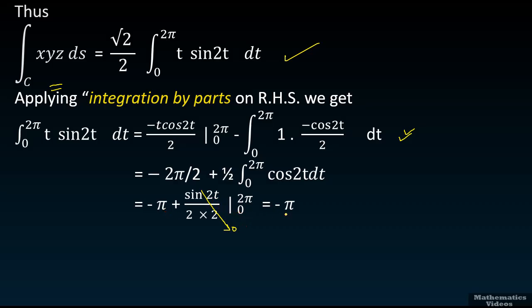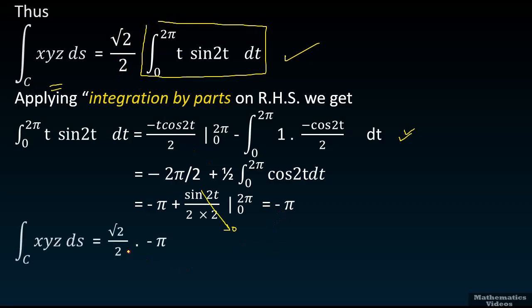So the result is minus pi. Now we will put the value of this integral at this position, so that the final result is square root 2 divided by 2 multiplied by minus pi. Okay, and this will be our answer.